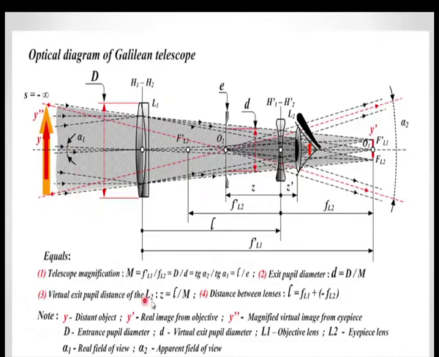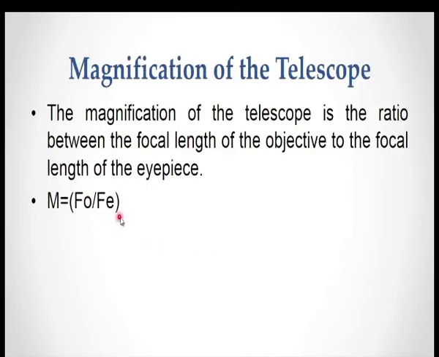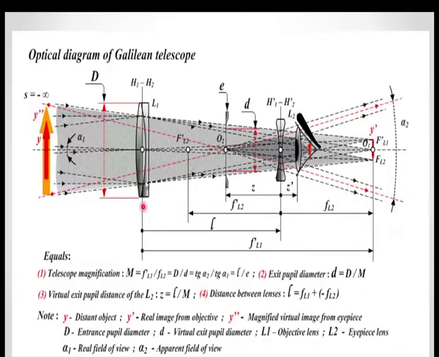The telescope magnification m is equal to FL1 by FL2. So this distance is FL1 and this distance is FL2. So the ratio between these two distances, that is the focal length of the objective over the focal length of the eyepiece, gives the magnification.